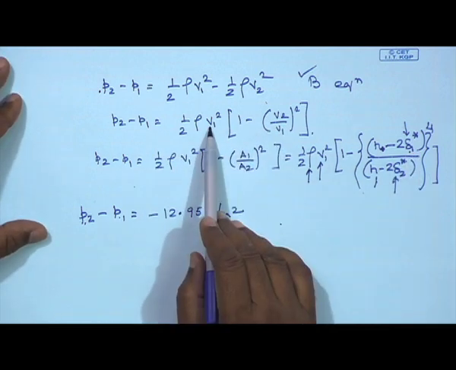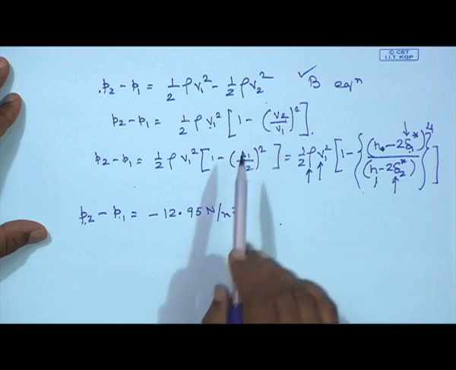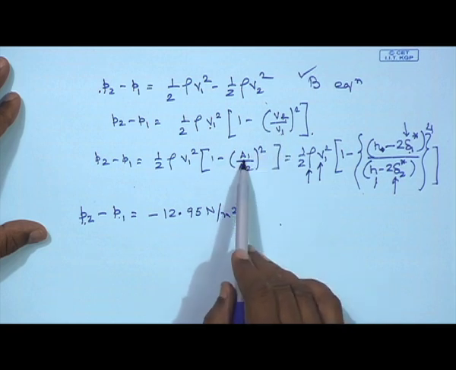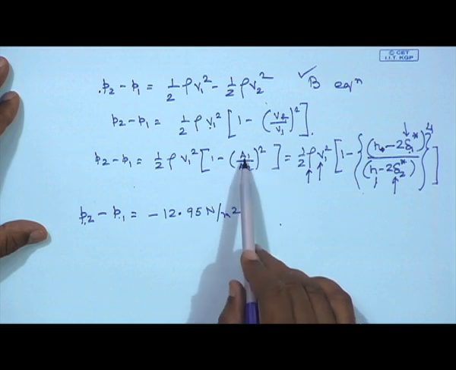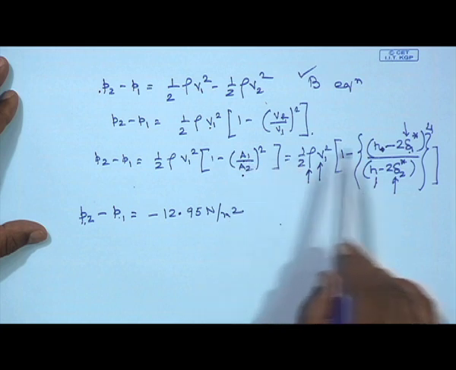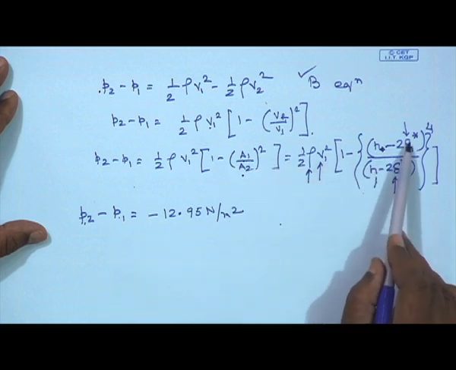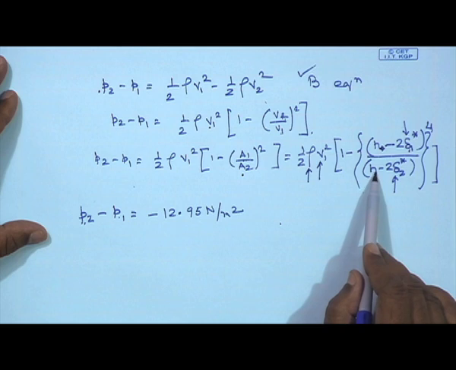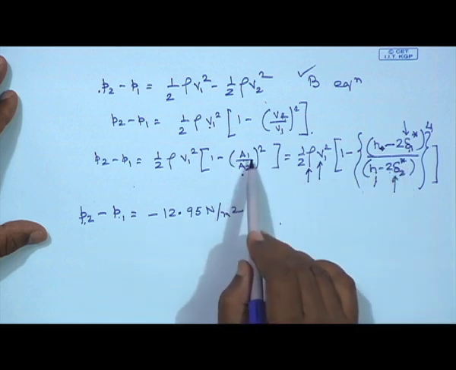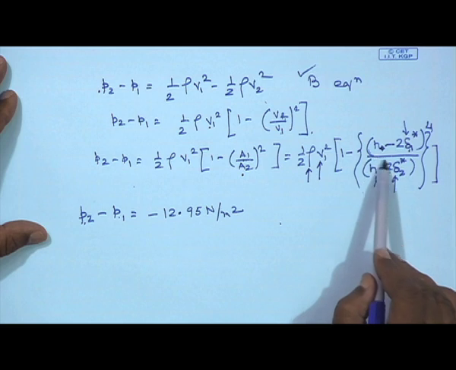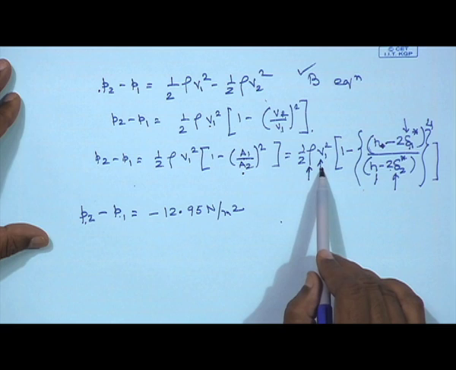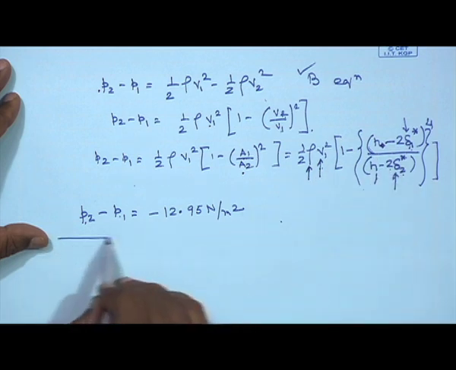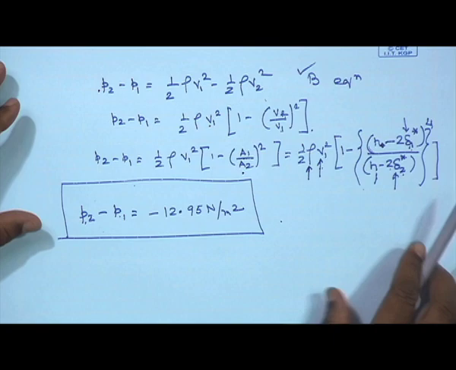So it's by taking V1 constant, V1 outside, it's V2 by V1, and V2 by V1 by equation of continuity is A1 by A2, since A1 V1 is equal to A2 V2, and A1 is (H minus 2 delta 1) whole square, A2 is (H minus 2 delta 2) whole square. So (A1 by A2) square is simply going to be to the power 4, and in this case you know all the terms rho, V1, H, delta 1, delta 2, and therefore you should be able to calculate what is the pressure drop between 1 and 2.